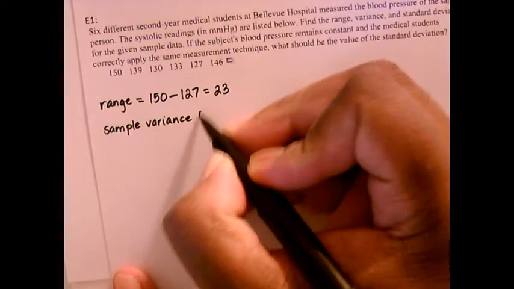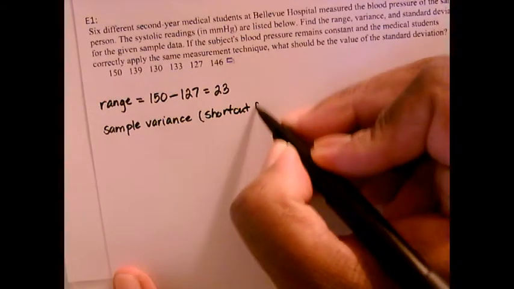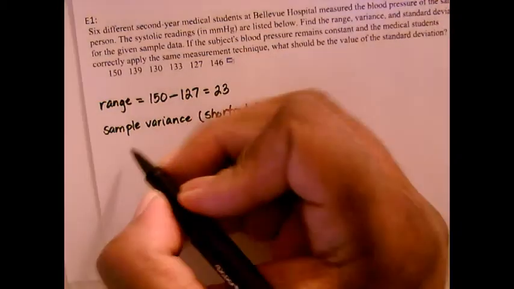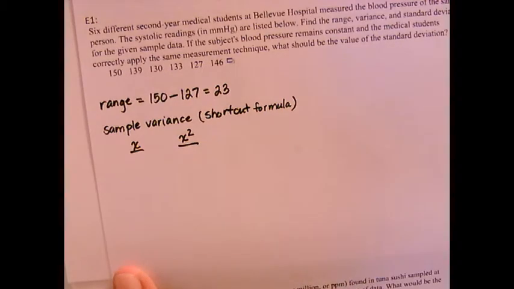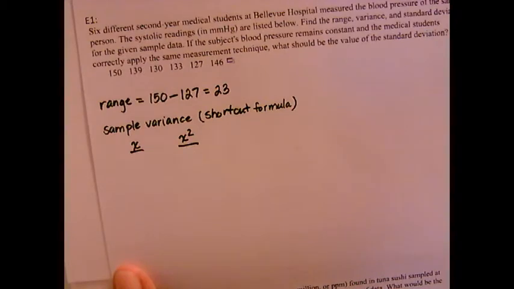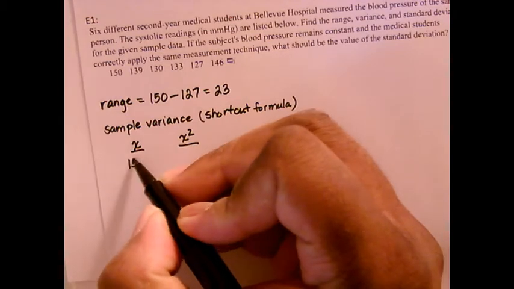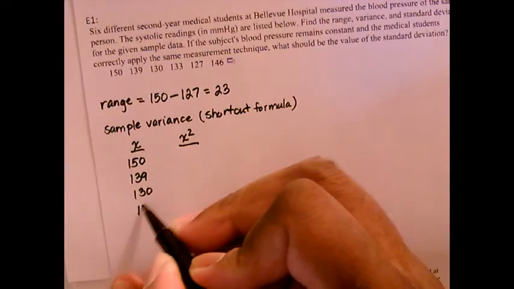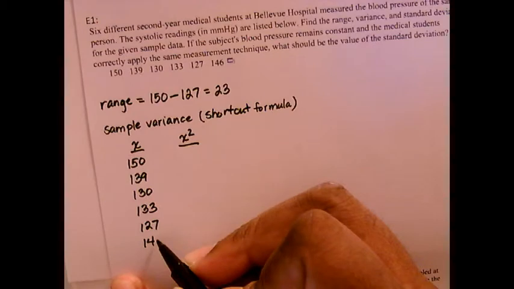Now, for the sample variance, we're going to use the shortcut formula because this is going to be much easier to use. And here's how we set this up. We're going to have 2 columns. One will be x and the other one will be x squared. Your x's are going to be your data values. Now, you don't necessarily have to put this in numerical order, so we can write down those data values for x as is: 150, 139, 130, 133, 127, 146.